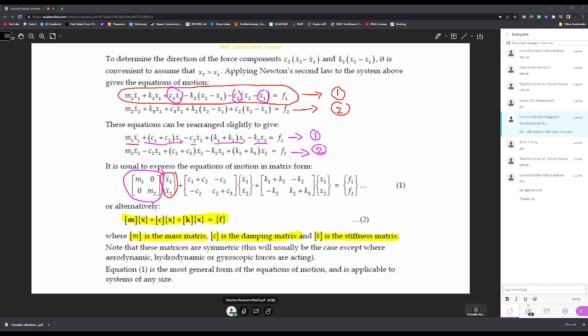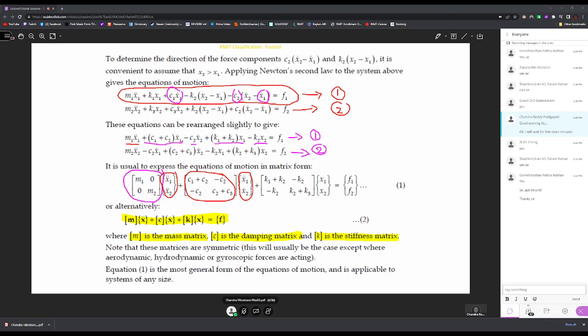Then we take c1 plus c2, minus c2, then minus c2 and c2 plus c3. This will be the damping coefficient matrix, multiplied by the velocity matrix, x1 dot and x2 dot.